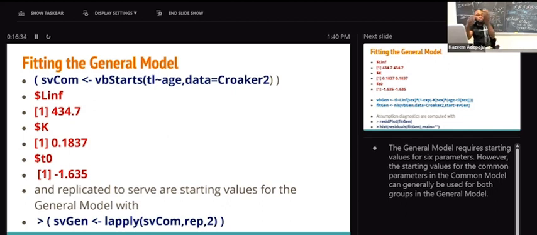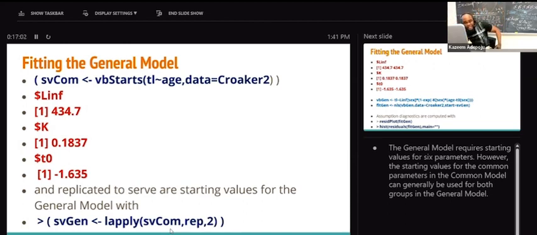When the two groups have the same L infinity, the same T0, and the same K. So if you take a look at what I'm doing here, I'm doing the one for common. I want to get the initial values, and for common, it means I'm going to replicate that for two groups.